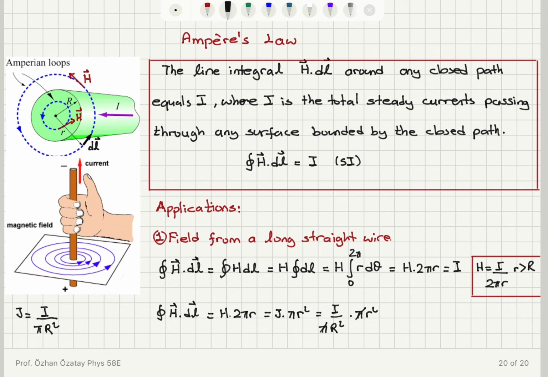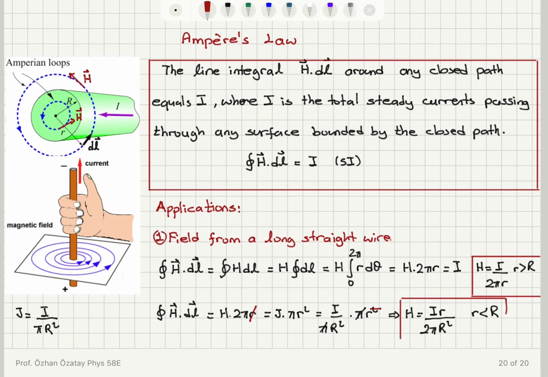So the pi's will cancel, and I also have a cancellation of r. The magnetic field that I will calculate inside the wire will be equal to I r divided by 2 pi capital R squared for r less than capital R.